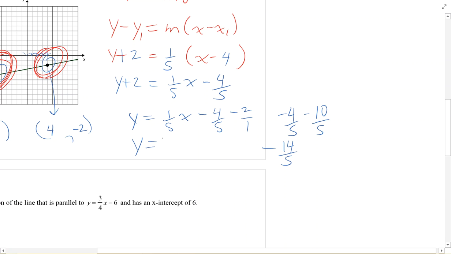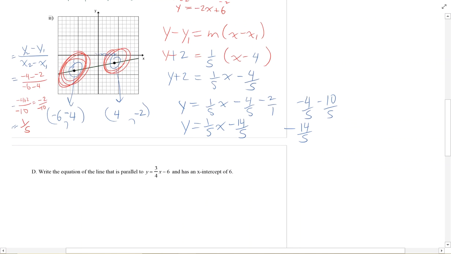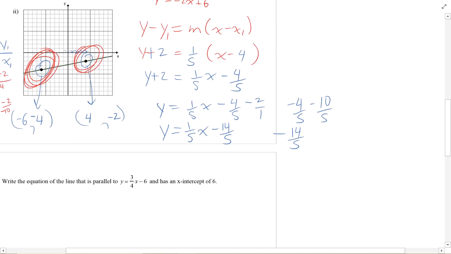Is it an equation? So you gotta do your fraction skills. Do you guys get 1/5 x minus 14/5?